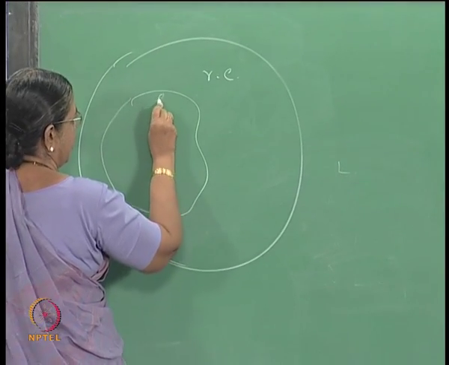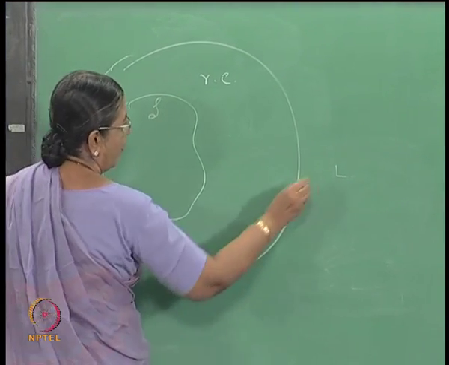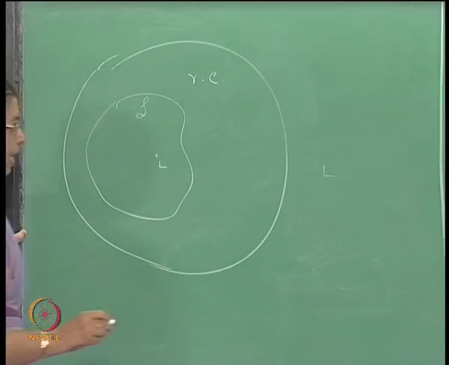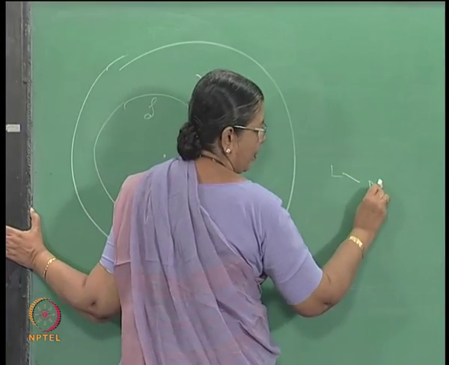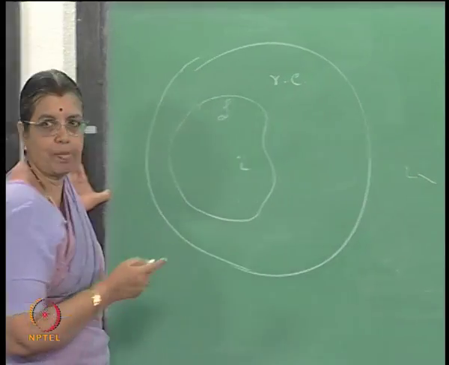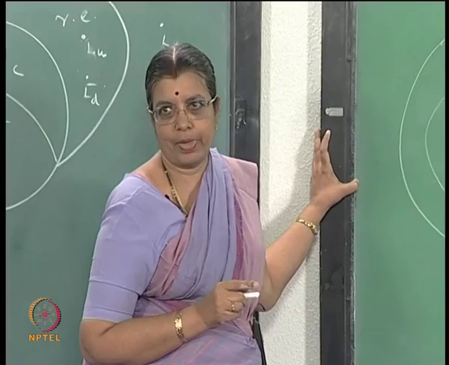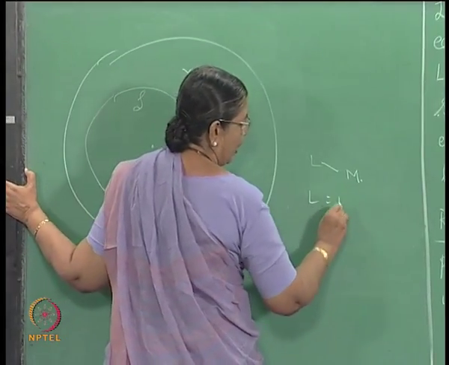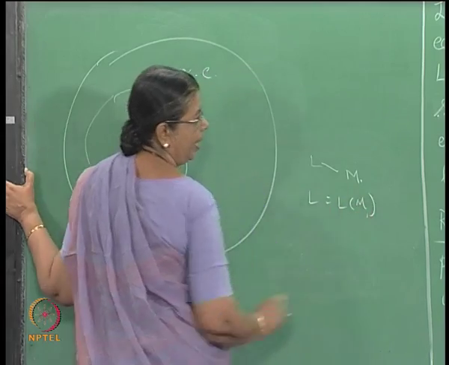Now, L is in S means L has property S. L is a recursively enumerable set, so it has to be accepted by a Turing machine M. So, L is equal to L(M).